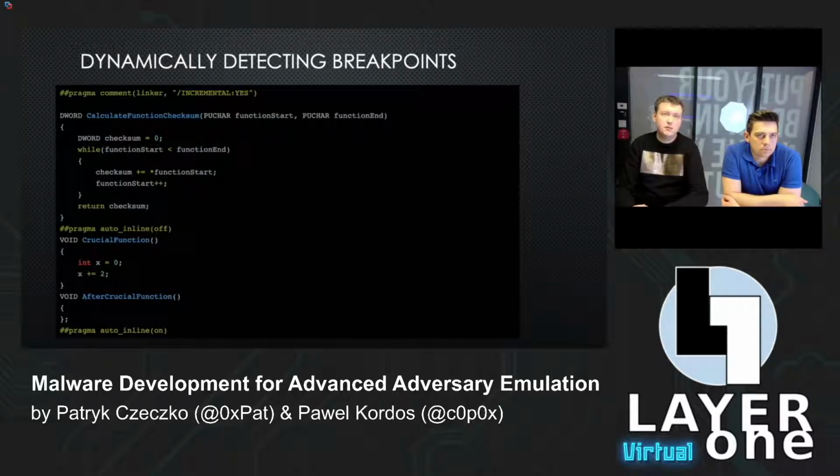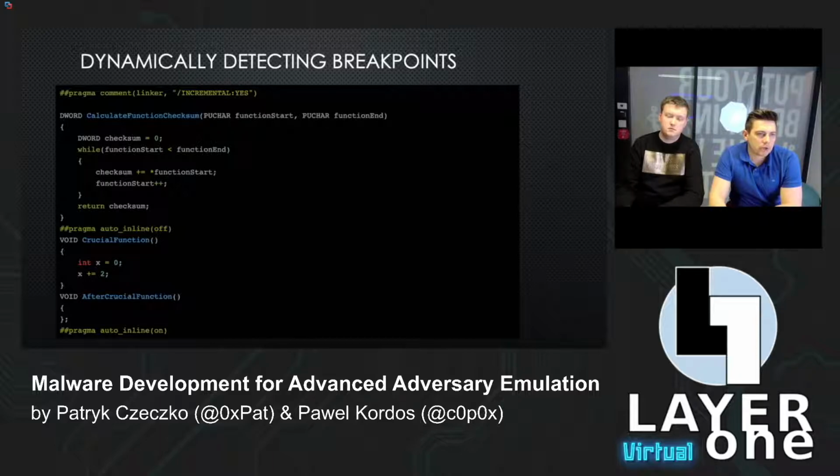And you can also dynamically detect breakpoints, right? Yeah, so that's some clever technique implemented. So let's say we have some crucial function and we want to check if it's being debugged or not, if there's some software breakpoint in this function. What we could do is first put some linker directives to not inline this function, and after compiling like that, we would have this crucial function, and right after this we would have another function.